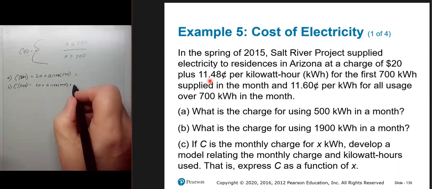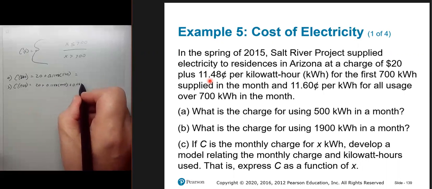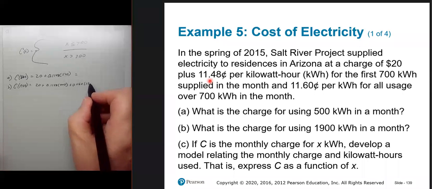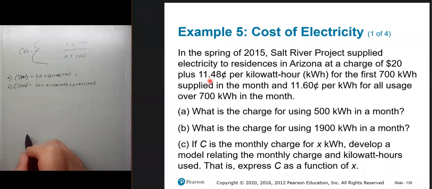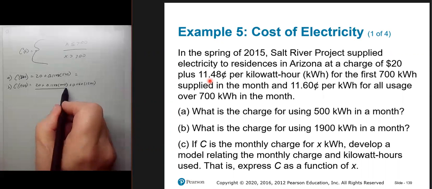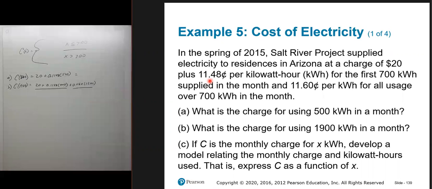And the remainder is going to be $0.1160 times what's left over, which is 1200. For the first 700, this is what you get charged, and then above the 700, this is what you get charged.